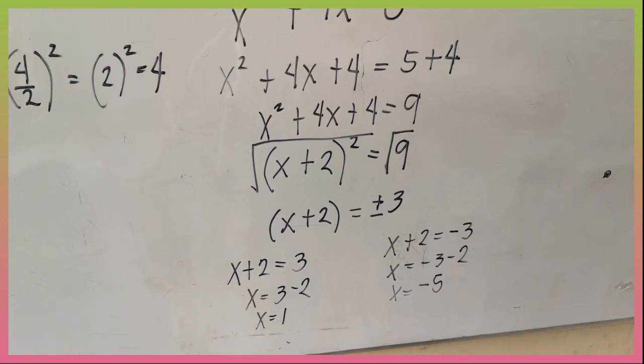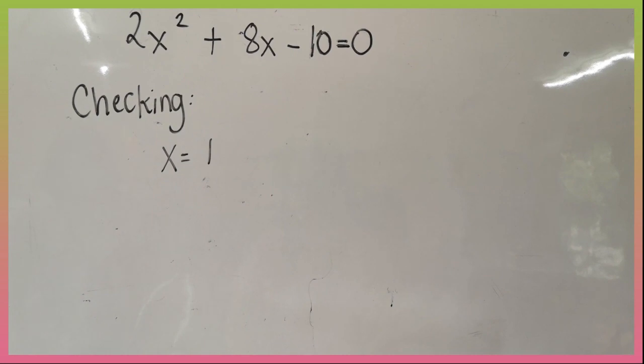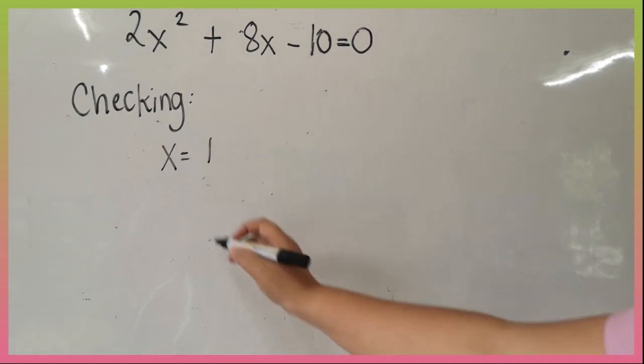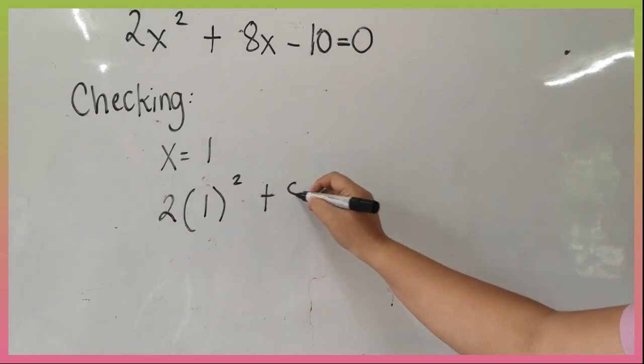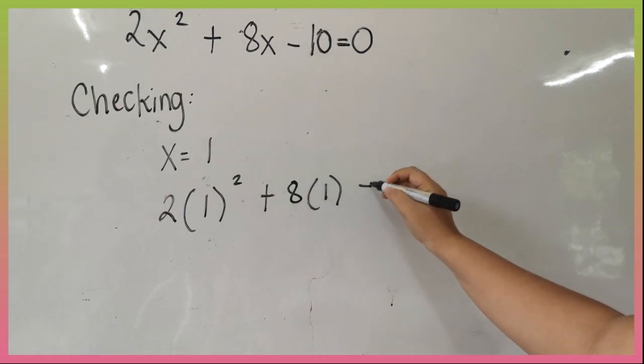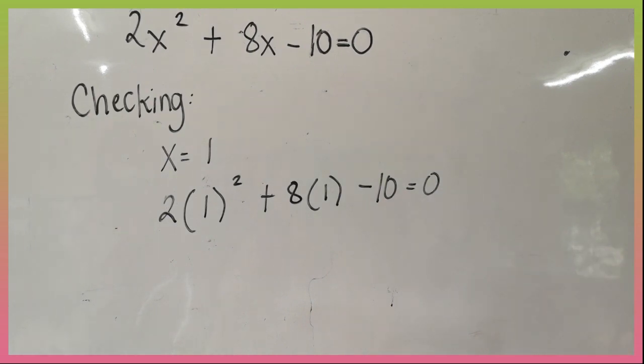After we find the two values of x, we will now proceed to our checking. We will now proceed to our checking using the first value of our x, which is 1. Just simply substitute 2 times 1 squared plus 8 times 1 minus 10 is equal to 0.